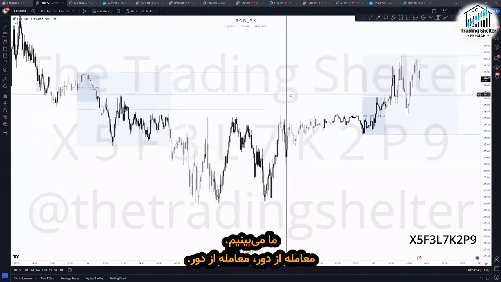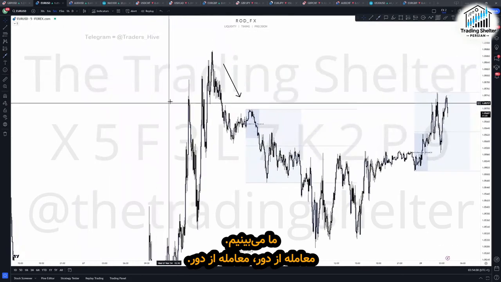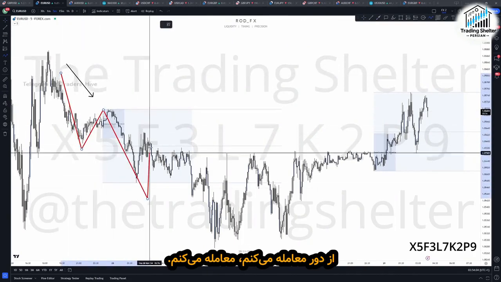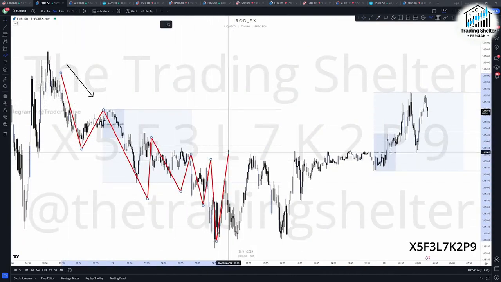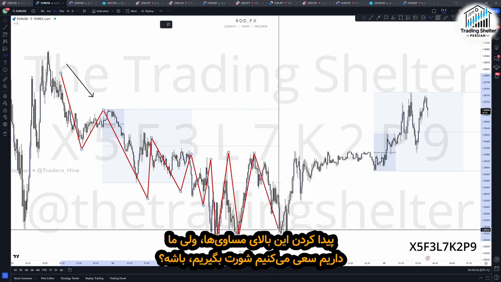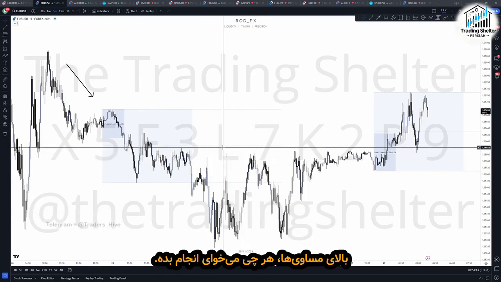See here, price is trading away from this point, right? We see it. Trade away, trade away, trade away, trade away. Creates these equal highs, yet we have people trying to short, okay? It's okay. It's equal highs. Do whatever you want.